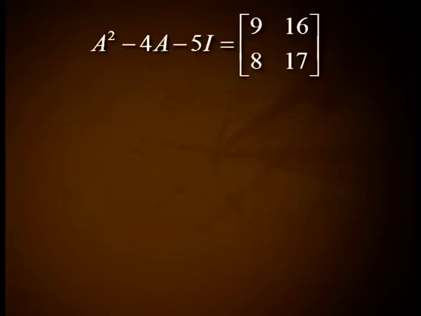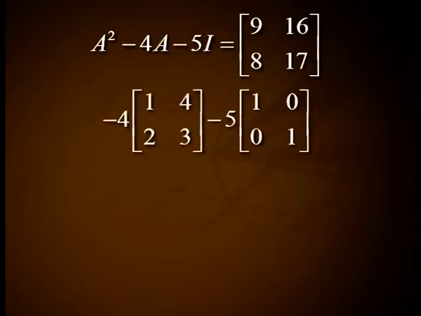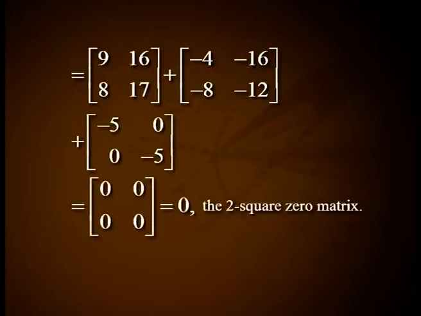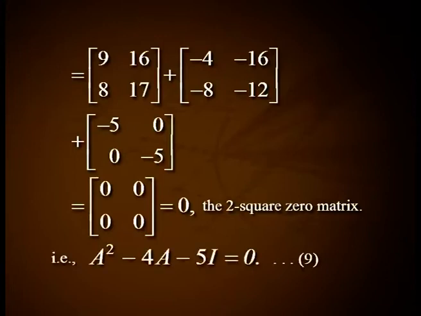Hence, A² − 4A − 5I = [[9, 16], [8, 17]] − 4[[1, 4], [2, 3]] − 5[[1, 0], [0, 1]] = [[9, 16], [8, 17]] + [[−4, −16], [−8, −12]] + [[−5, 0], [0, −5]] = [[0, 0], [0, 0]] = 0, the 2-square null matrix. That is, A² − 4A − 5I = 0. Hence, the Cayley-Hamilton theorem is verified for the given matrix A.